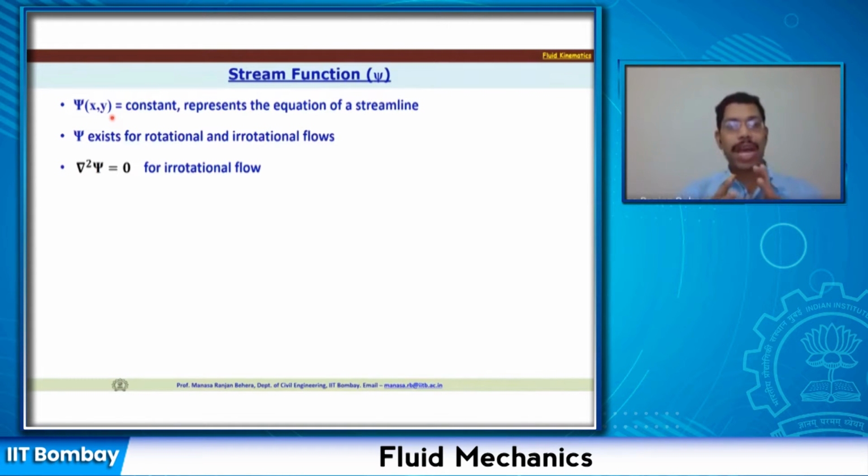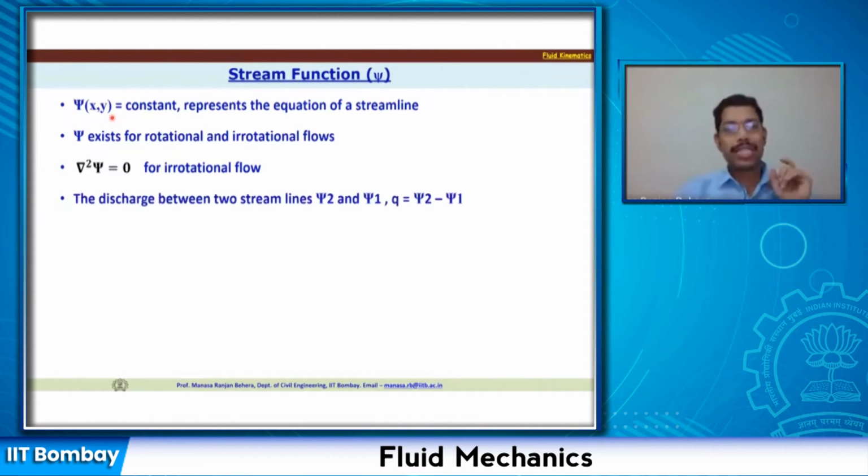Similarly, the psi function, as we have already discussed, is going to exist for both rotational as well as irrotational flows. And when the flow is irrotational, the psi function has to satisfy the Laplace equation, that is del square psi equals 0. All right. Now there is another very important property of these psi functions or psi lines. When you have different psi lines, you can find out the discharge between two psi lines or streamlines.